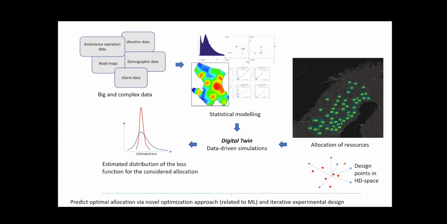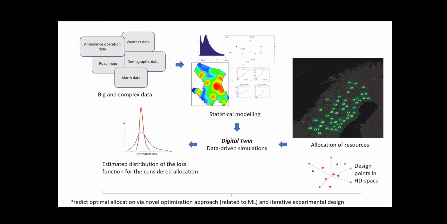We have the time of the alarm, we know who called, and we know the whole pre-hospital chain, what happened. In addition, we have roadmaps describing the road net, demographic data describing detailed information about this area, and meteorological data, and so on. So we have very big, very complex, and very unstructured data.